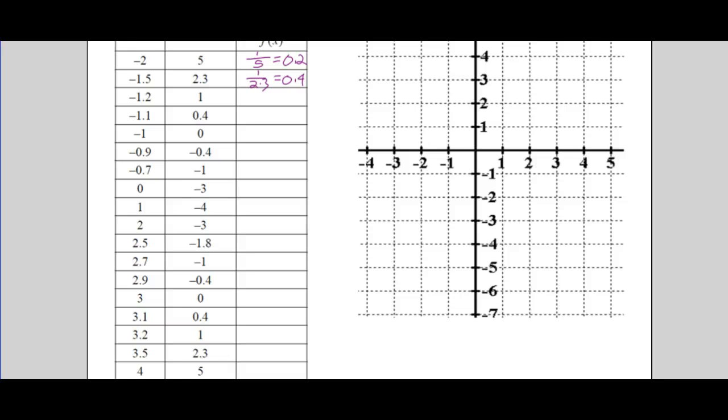So 1 over 2.3 and 0.4, this is 1, it's 2.5, 5.